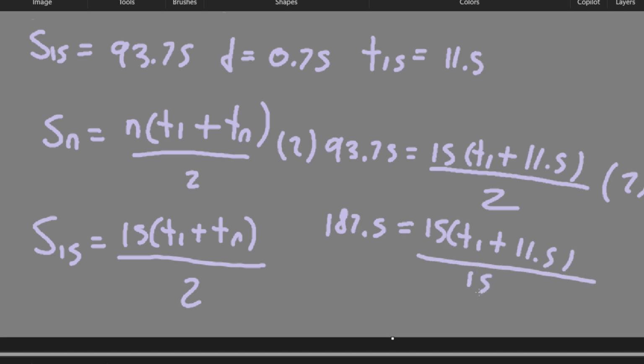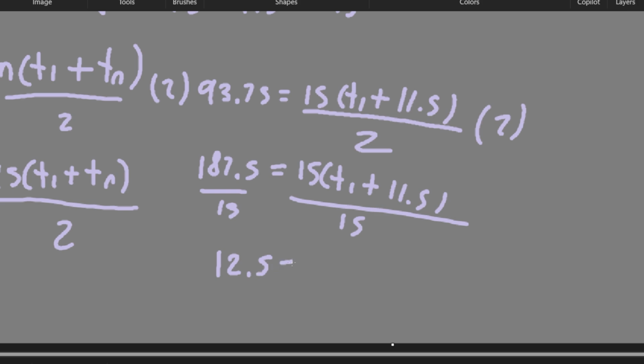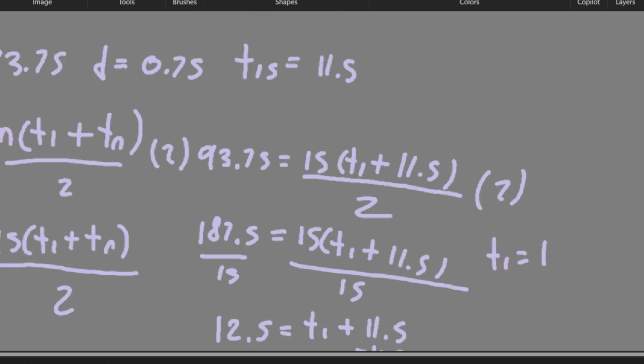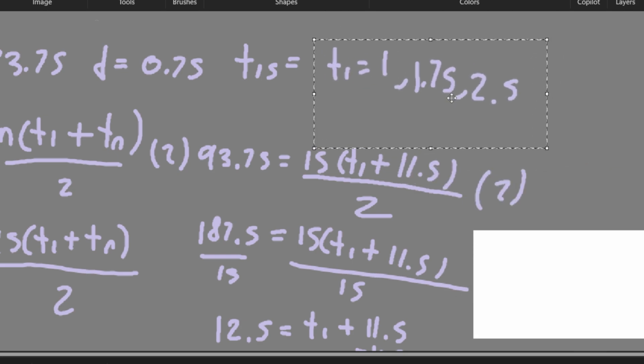Divide both sides by 15. 12.5 is equal to T1 plus 11.5. Subtract 11.5 from both sides, and T1 is equal to 1. And we know that the common difference is 0.75. So the rest of the terms will just be 1.75 and 2.5. That is your answer.